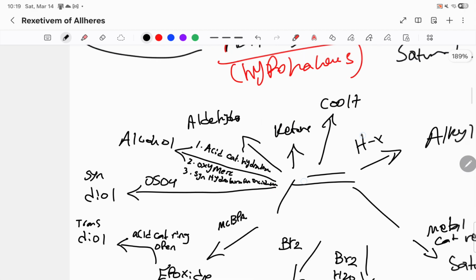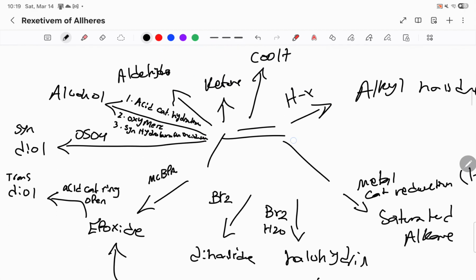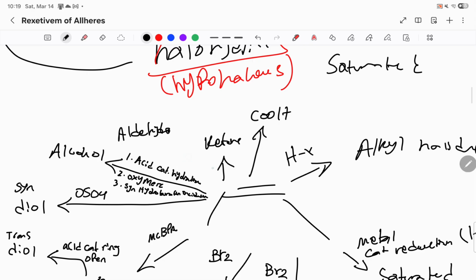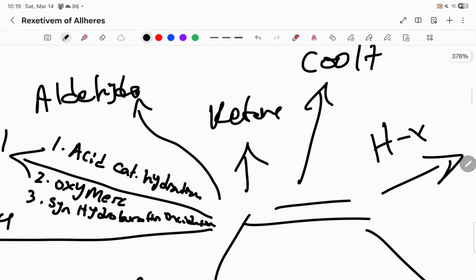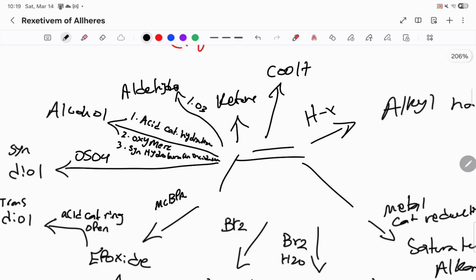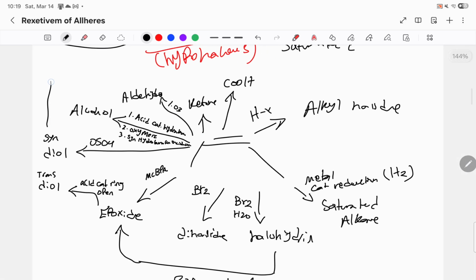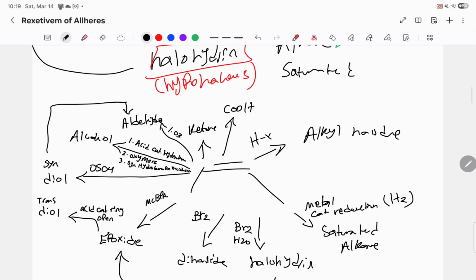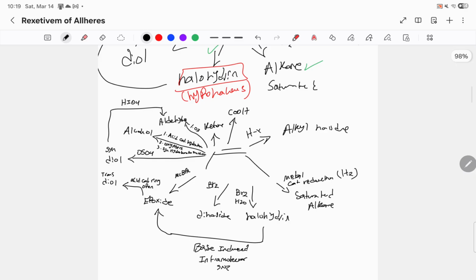Then we were talking about diols. How do we make aldehydes? There's a couple of ways you can make an aldehyde. You can either do ozonolysis, which gets you an aldehyde. Or from a syn diol, you can get an aldehyde by periodate. What else can you do?